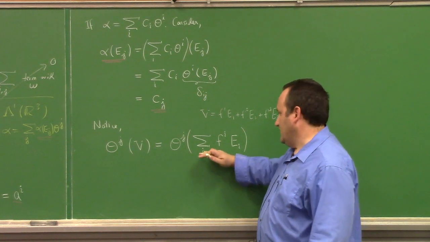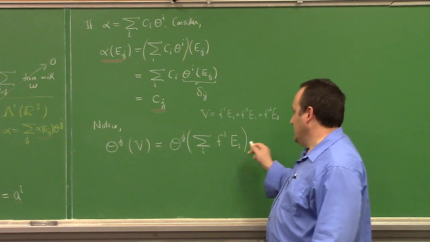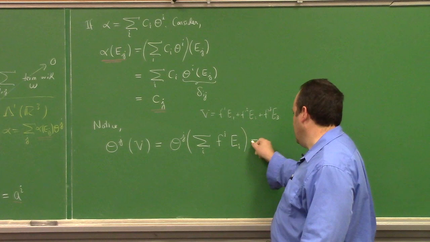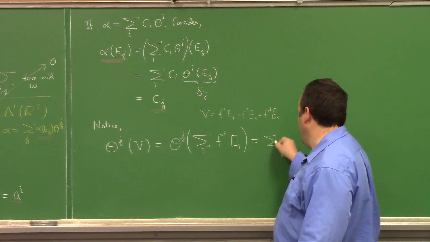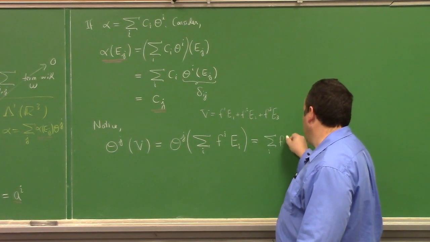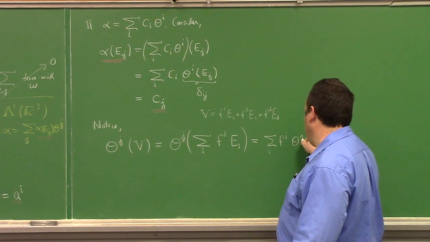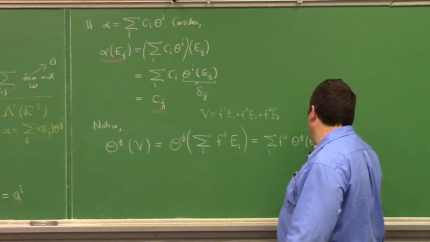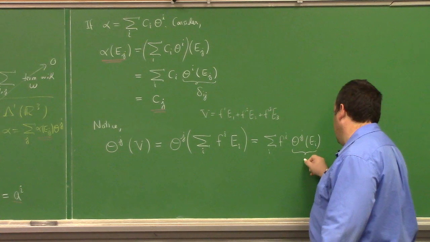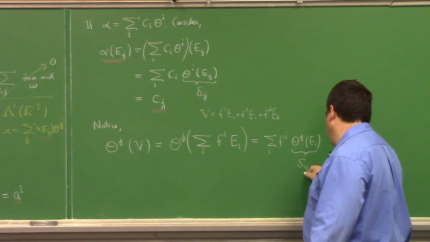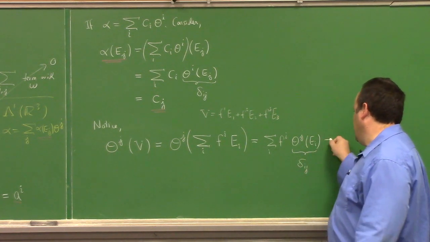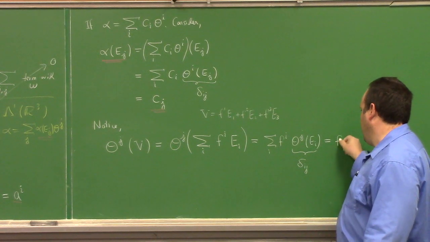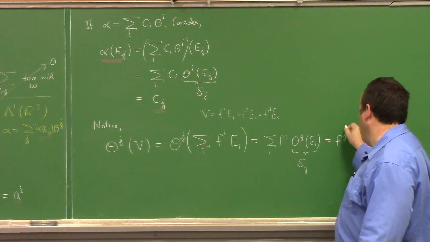If that's the case, then we have this. You can bring the sum out, bring the numbers f_i out, and then you've got theta j acting on e_i. Again, this is the Kronecker delta ij. So what are we left with? We're left with f_j.